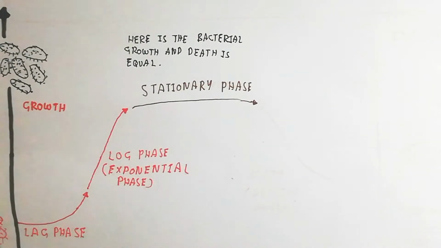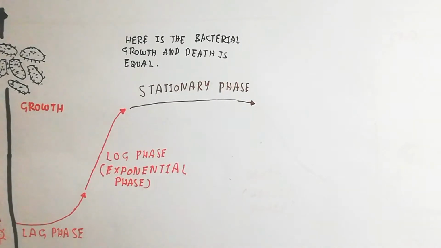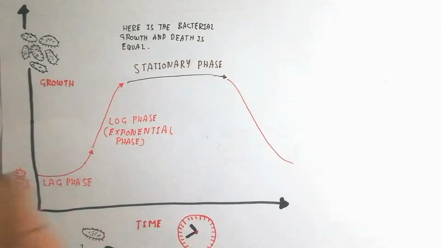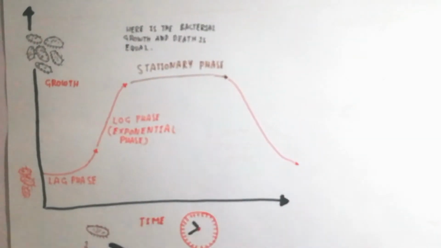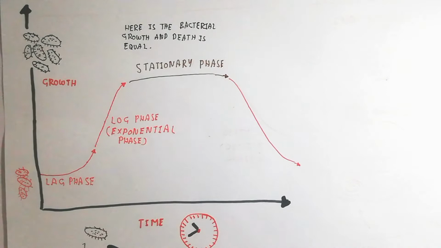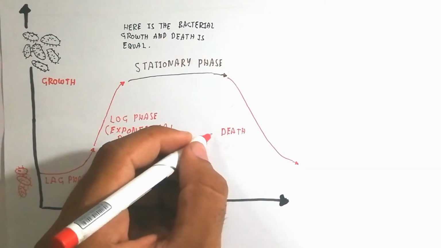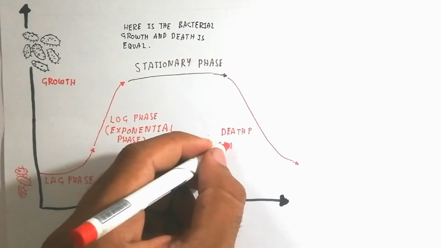After that, in the stationary phase the competition of the microbes begins; the competition is more and the food is less. If food becomes less, then the death and decline phase begins. So remember it.